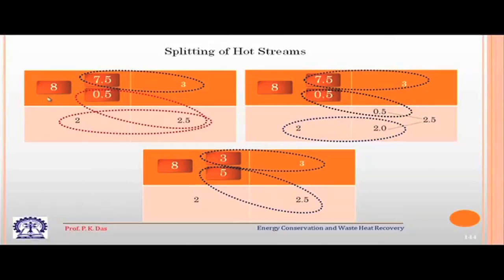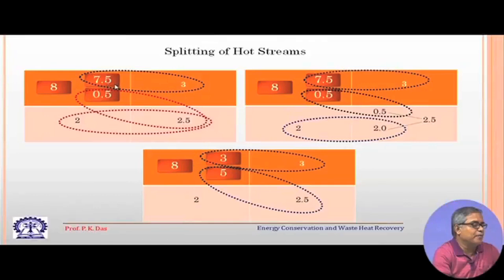The 8 is quite a large value, so let us think of splitting it. If we split it into 7.5 and 0.5, then 7.5 matches very well with 3, because 7.5 is higher compared to the cold stream, but 0.5 does not match with the other cold stream, which is at 2.5.